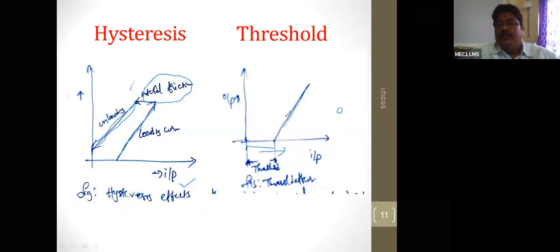You understand? Threshold means even if you give input for some period, there is no output. Even if you give input, there is no output here. Output is zero. There is no response in the system.